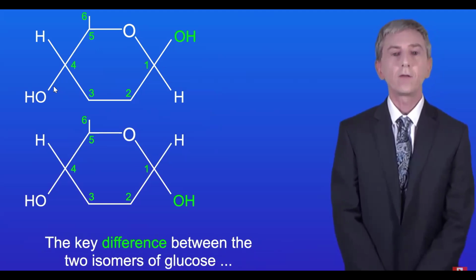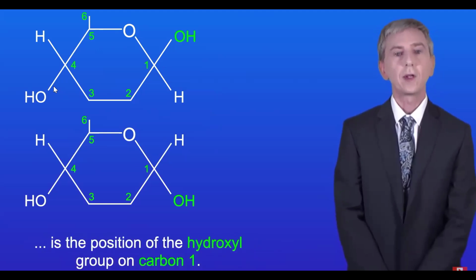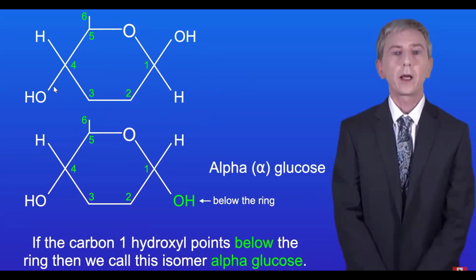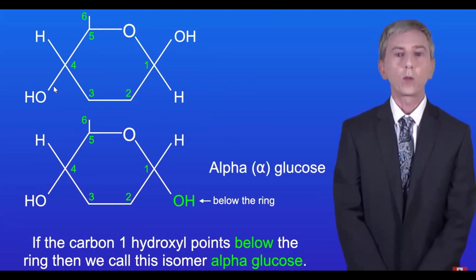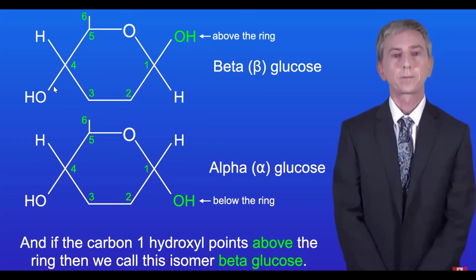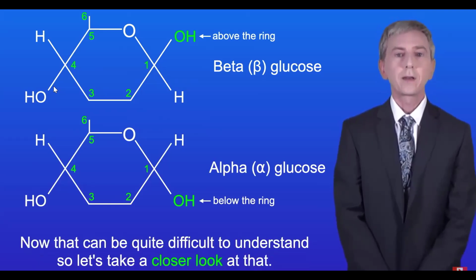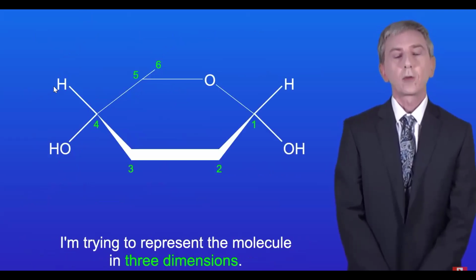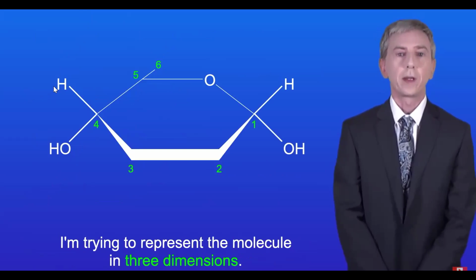Now, the key difference between the 2 isomers of glucose is the position of the hydroxyl group on carbon 1. If the carbon 1 hydroxyl points below the ring, then we call this isomer alpha glucose. And if the carbon 1 hydroxyl points above the ring, then we call this isomer beta glucose. Now, that can be quite difficult to understand, so let's take a closer look at that. I'm showing you alpha glucose here, and I'm trying to represent the molecule in 3 dimensions.